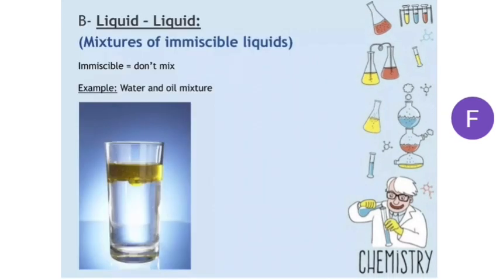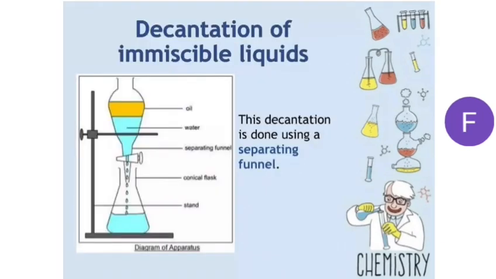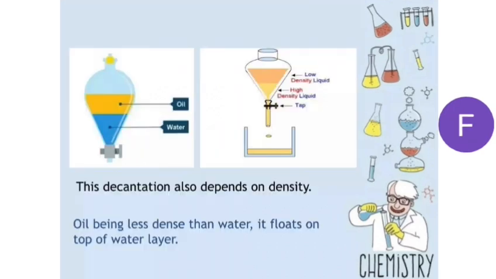Now, how can we separate a mixture of liquids? The two liquids are immiscible, meaning they can't be mixed. Example, a water and oil mixture. This heterogeneous liquid mixture can be separated by decantation using a separating funnel as shown in the diagram.